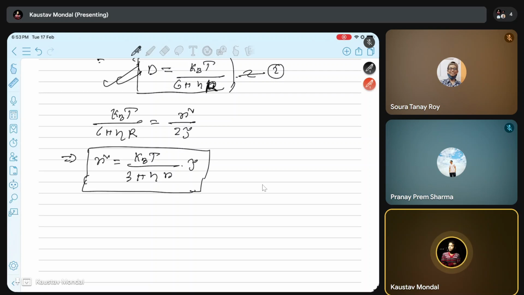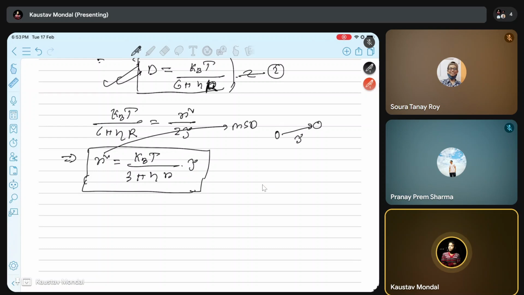This r square is nothing but the mean square displacement, right? Why? Because we have previously discussed that r is the distance the particle moves in the time interval tau.